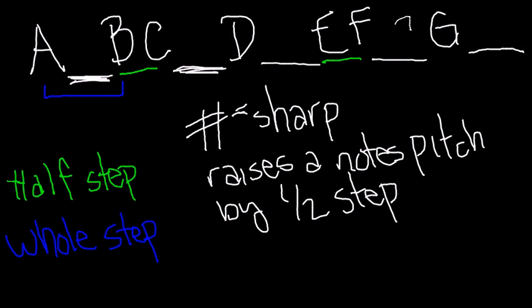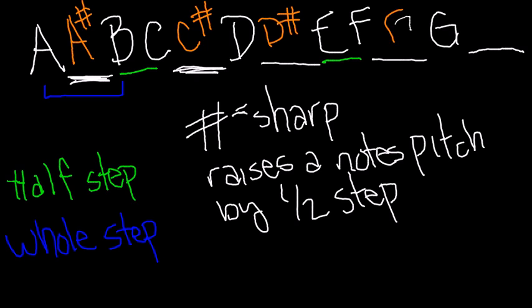So for example, if we take this A that we have over here, and let's use a different color now, let's try this color. What I can do is put an A sharp right here in the center between A and B. Here I can have a C sharp, D sharp, F sharp, and finally G sharp.